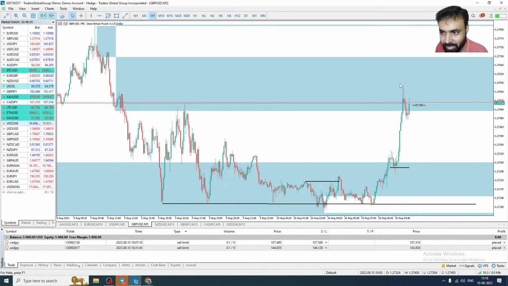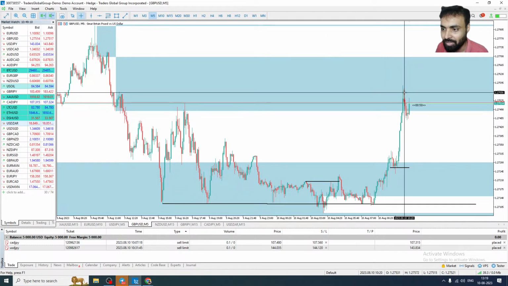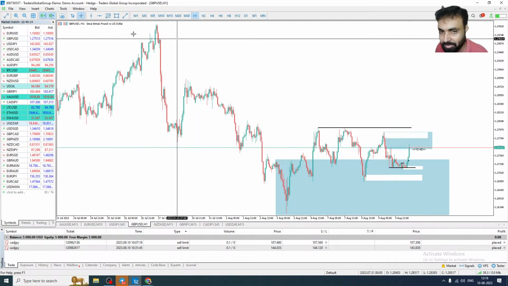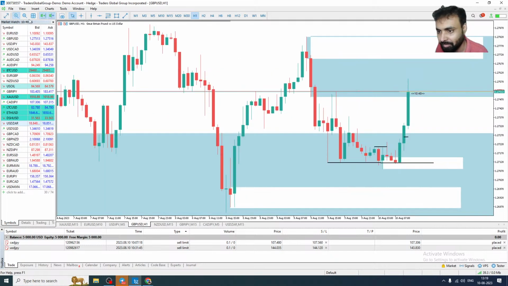See, I told you, right? Imbalance filled, price rejected, and going above. You can say I would have sold here. Yes, we could have sold here, but how long it will go, we don't know. We can easily sell from this imbalance zone, but that is not the way of trading.